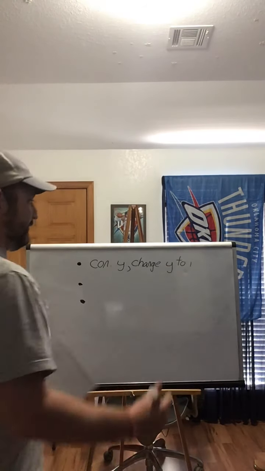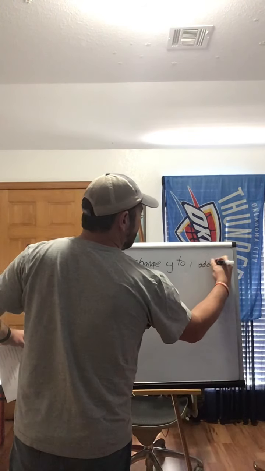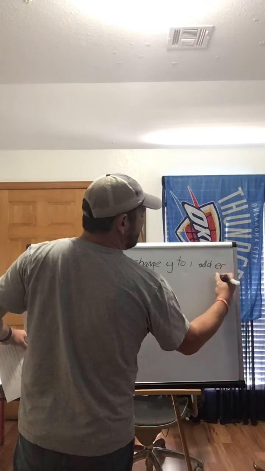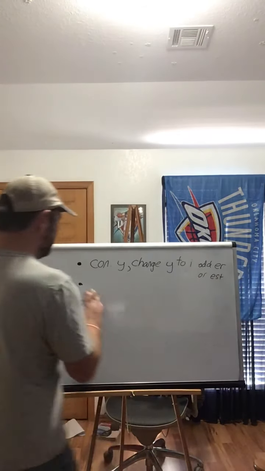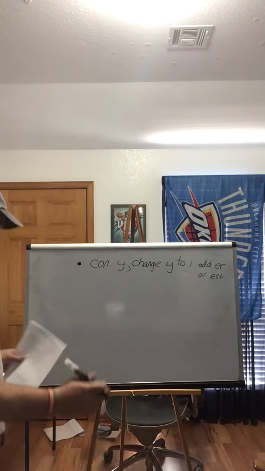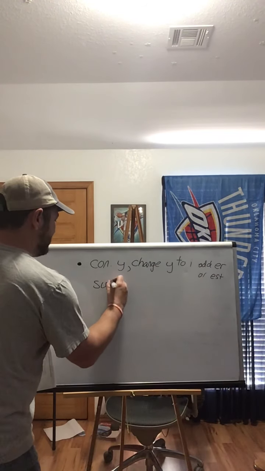Could be ER, could be EST. In this case, it's going to be add ER. Boy, I don't know if I'm going to have enough room on this one, so we're going to write it there. Or EST. So this is how we're going to do this one. Okay, so for this first bullet, an example would be the word sunny. Okay, SUNNY.